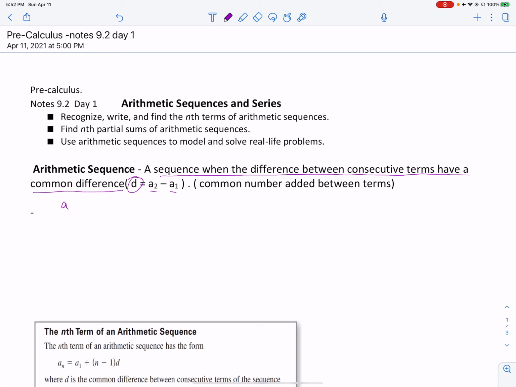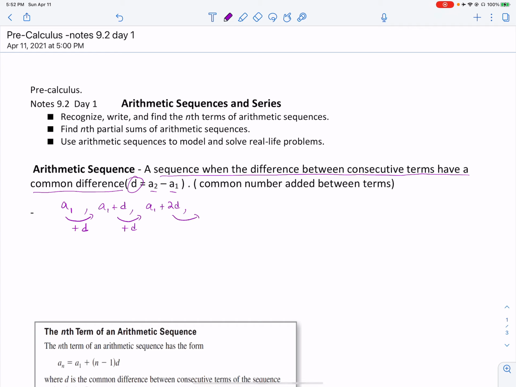So we start with the first term, and what we have to do to get to the next term is add this common difference, which we let be d. So the second term is your first term plus one common difference. And then to get to the next term, you're going to add this common difference again. So you end up having added 2d from the first term.